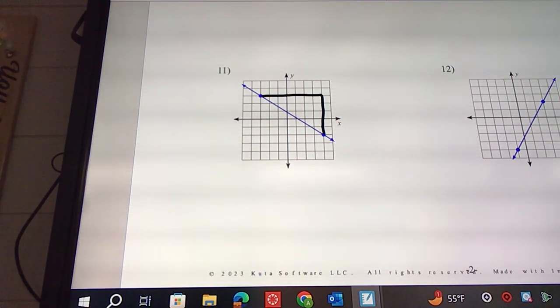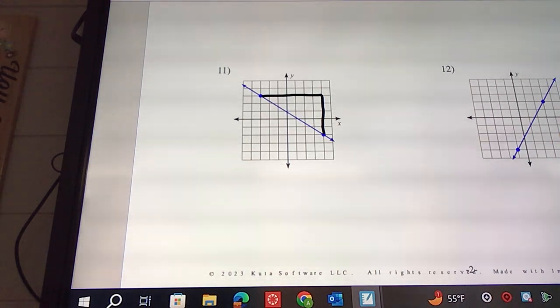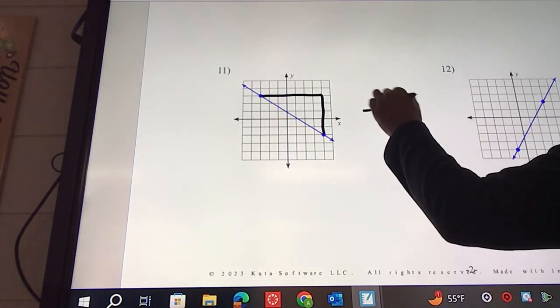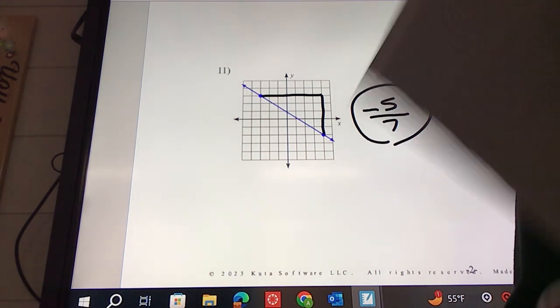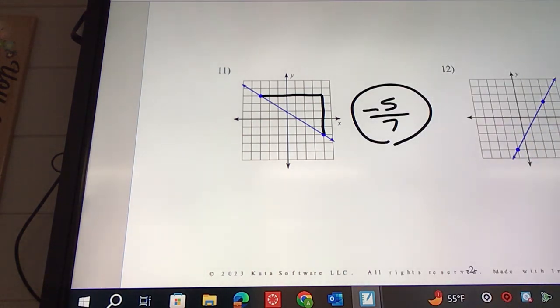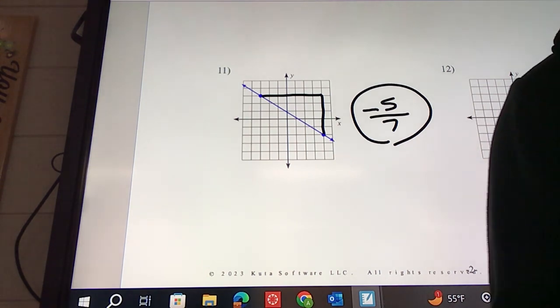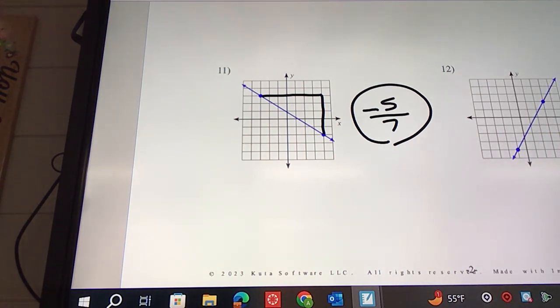Negative 5 over 7. Why is that one negative? Because the slope is going that way. Okay, so you need to make sure that on any of the negative ones that you're doing the negative.